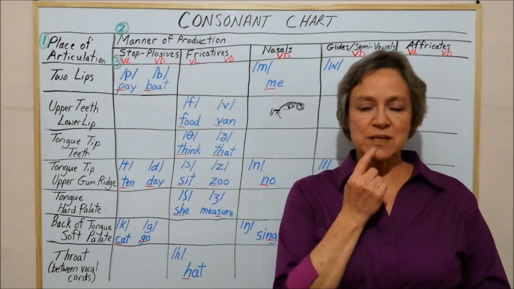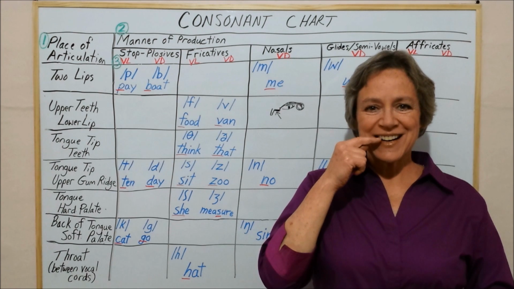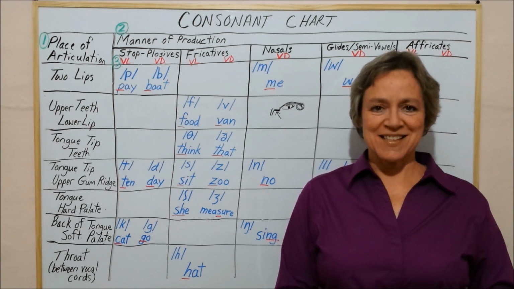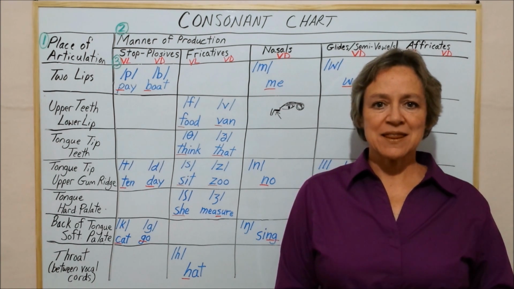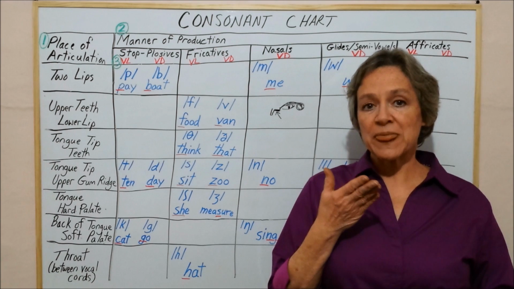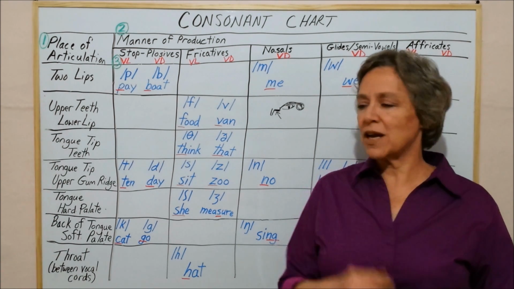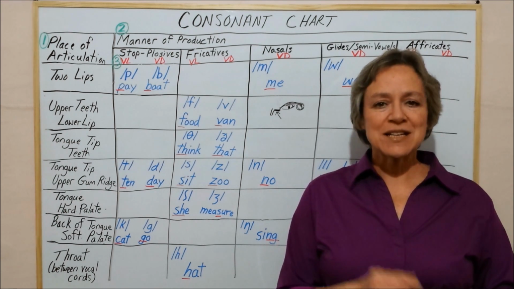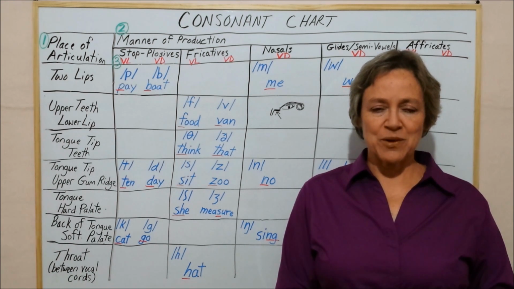So I have to put the tip of my tongue between my upper and lower teeth, okay? Like this. My tongue is between my teeth. It protrudes past my teeth, but not far. I don't stick out my tongue really far. I just let the tip of my tongue go between my teeth, okay?